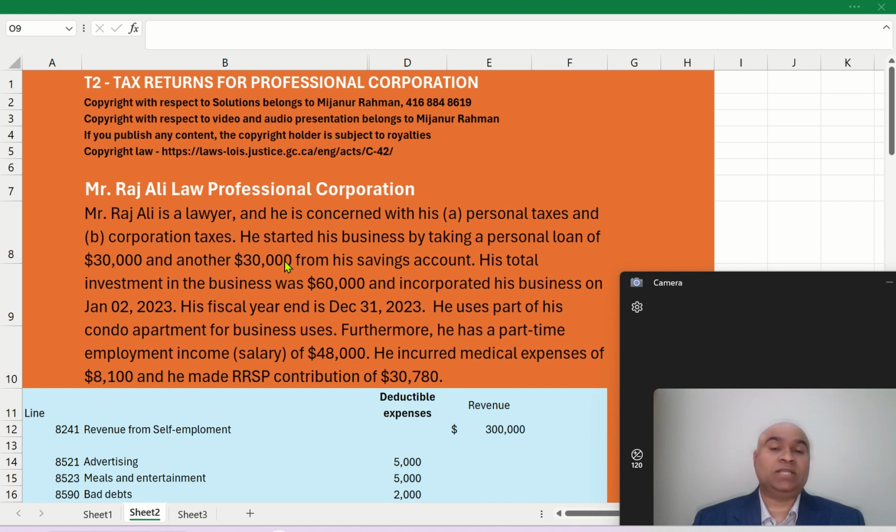Mr. Raj Ali is a lawyer and is concerned with his personal taxes and corporation taxes. Let me go to the PowerPoint so I could show you the scenario slightly better, and I'll get back to the Excel sheet later on.